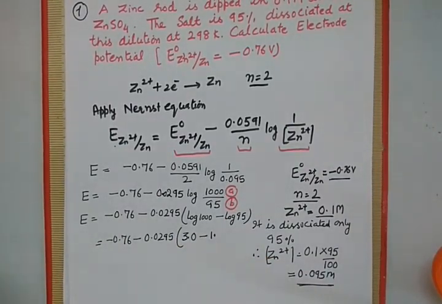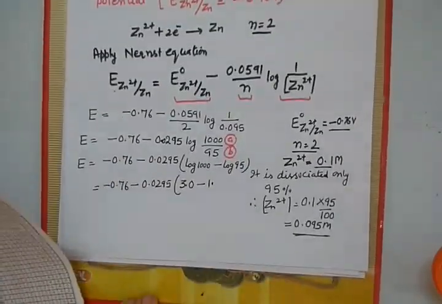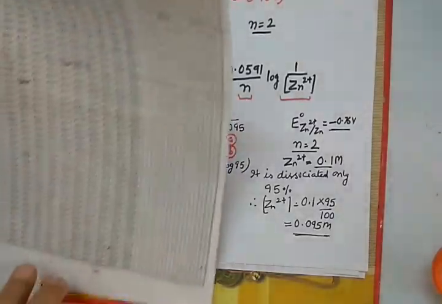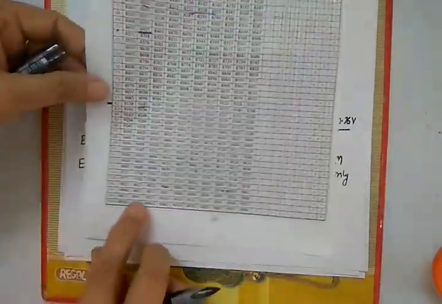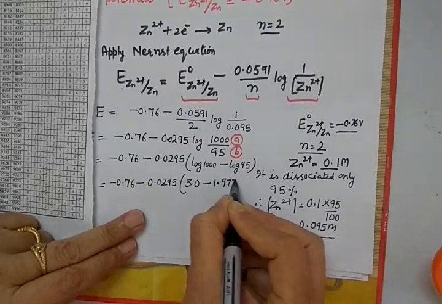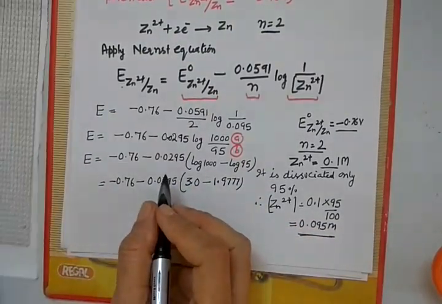In my previous videos I have explained log and antilog in detail. So the log of 95 is 1.9777. Now we can easily solve it.